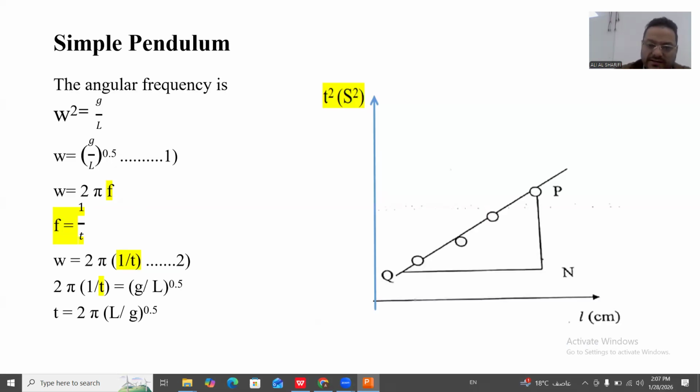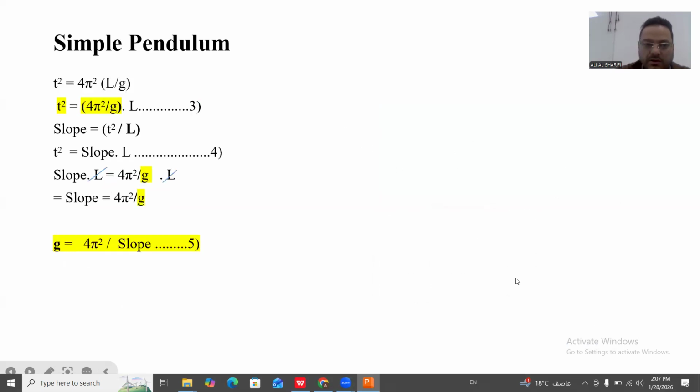Now let's calculate t squared from tan theta, from the slope. When slope equals delta t squared divided by L, that means t squared equals slope multiplied by L. Both equations give the same t squared. By canceling L from both sides, slope will equal 4 pi squared divided by g, and we can say g, the acceleration due to gravity, equals 4 pi squared divided by slope.